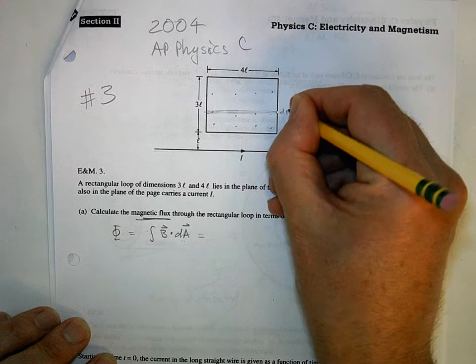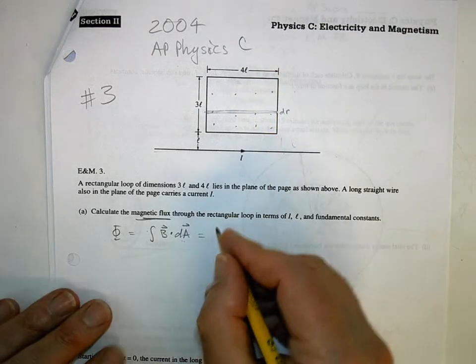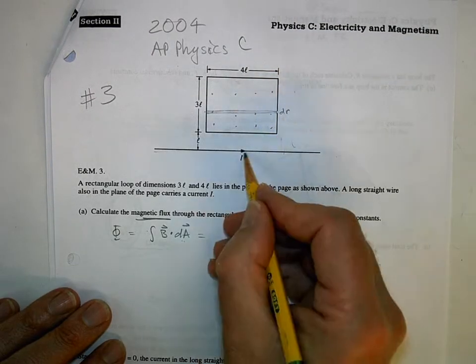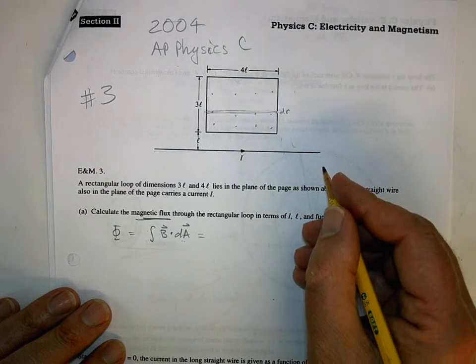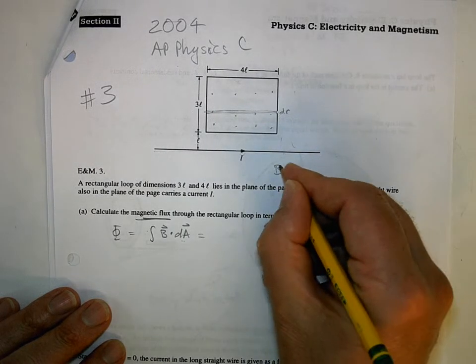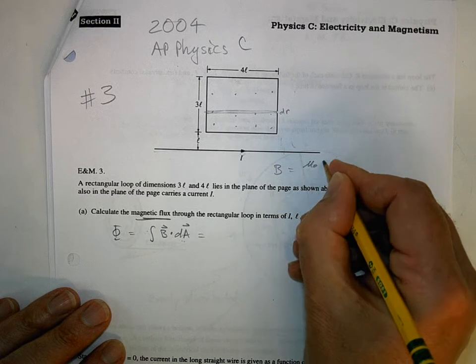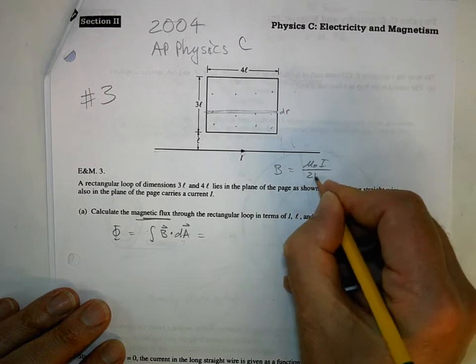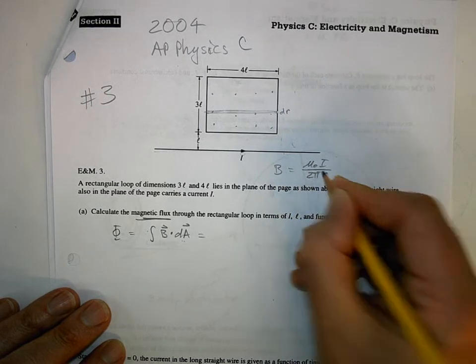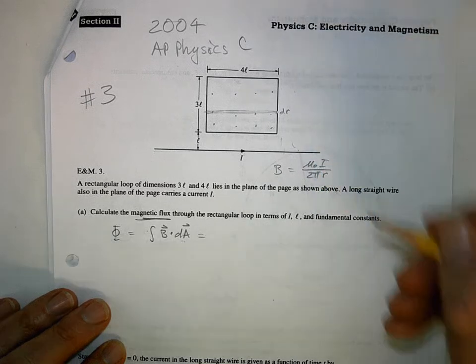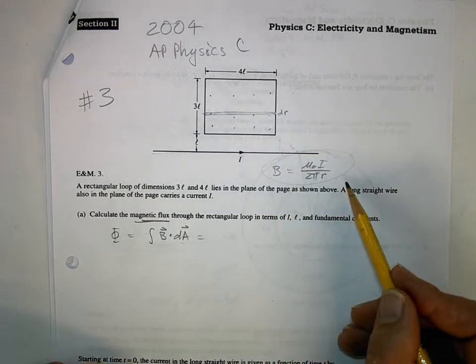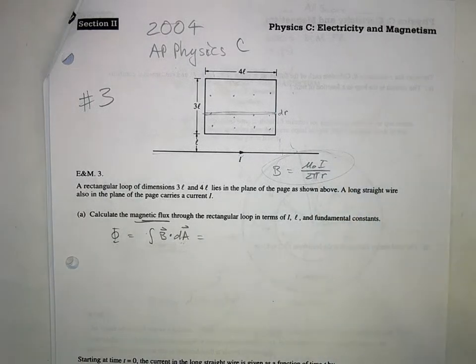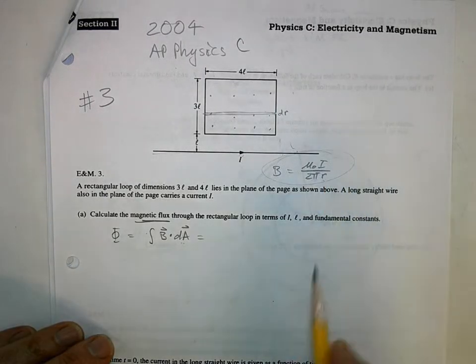So this would be a dr. Now what is the magnetic field for a long straight wire? You should have that memorized. B for a long straight wire is equal to mu naught I over 2 pi r, where r is the radial distance away from that wire. You can derive this with Ampere's law quite easily, but it's a good one to have memorized.